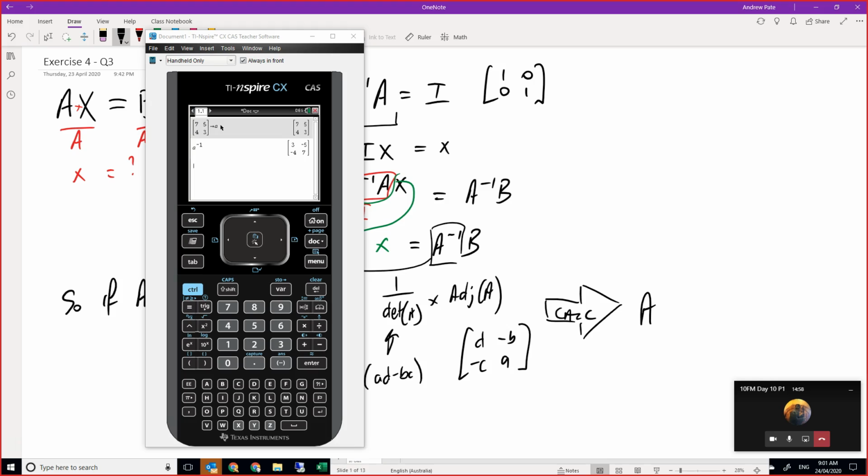So A to the -1 is equal to 3, -5, -4, 7.